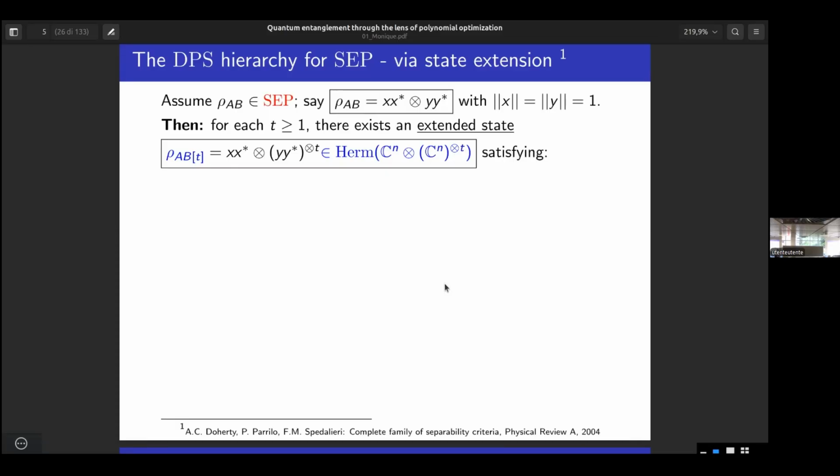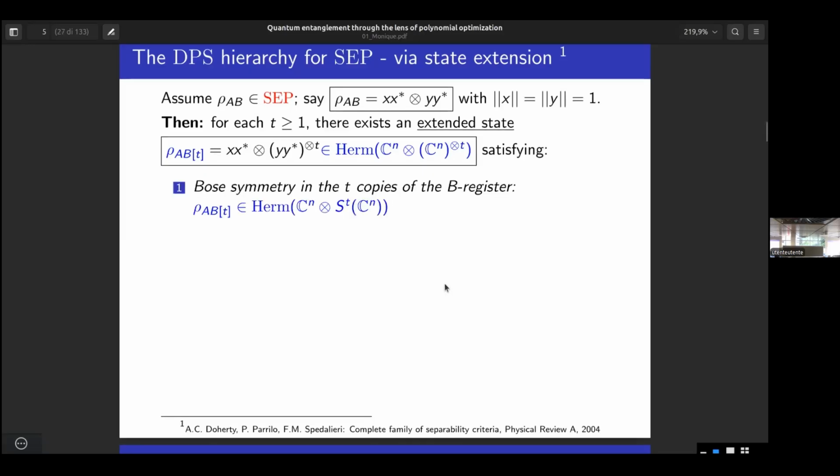And how do we do that? We simply take the B factor y-star, and take its tensor product with itself t times. So from rho AB, we get this extended state. Now what are the properties of these extended states? First of all, it is symmetric in the t copies of the B register by construction, so the B copies are all the same.